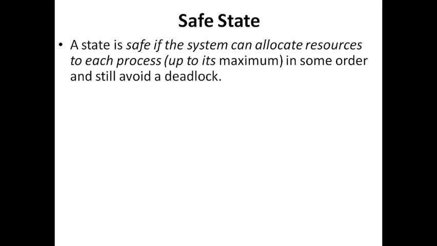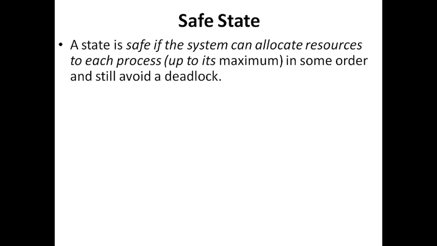Now in that situation, if the operating system is able to verify that it can complete all the processes with the available resources, then it can be treated as a safe state. Not necessarily all the processes simultaneously. Let's say there are 5 processes.